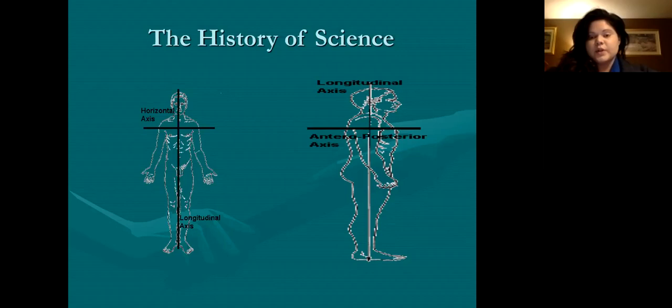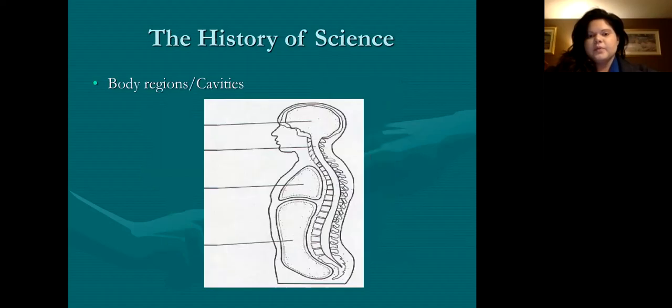So is it closer to it or further away from it? Is it more cranial, which would be toward the head? Is it caudal, which would be down? Is it dorsal? Think of a dorsal fin. So is it more posterior, or is it anterior? Is it toward the front? These are all terms that we need to be familiar with for practice.